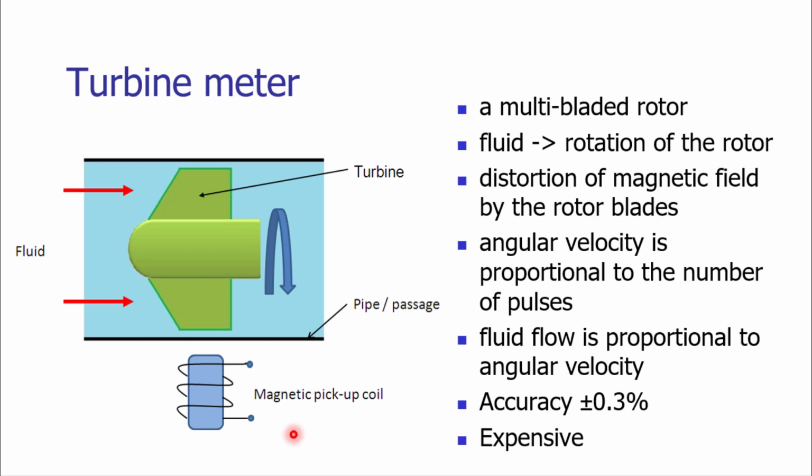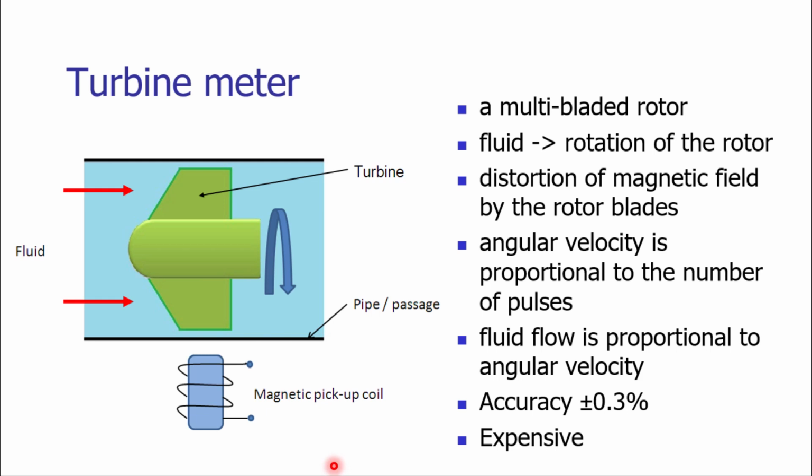Due to the distortion, a signal will be generated across the magnetic pickup coil. As the magnetic field is disturbed each time, we get pulses. So the frequency of pulses is proportional to the rotation of the turbine. The frequency of pulses is proportional to the angular velocity of the turbine.